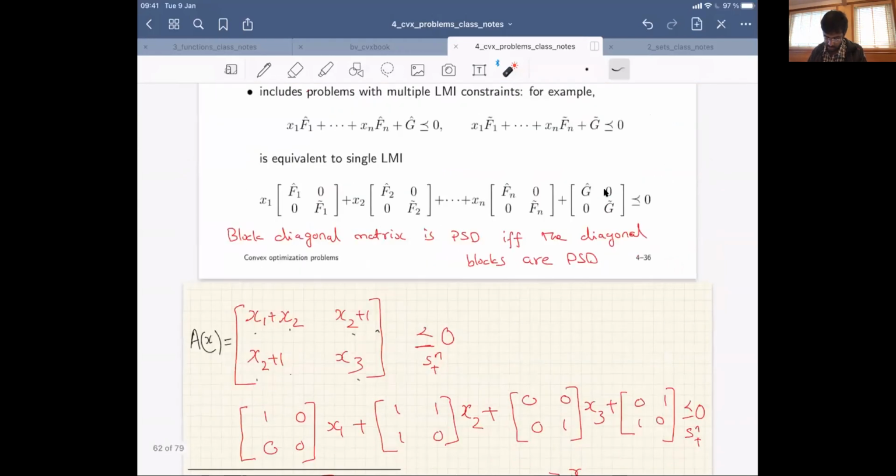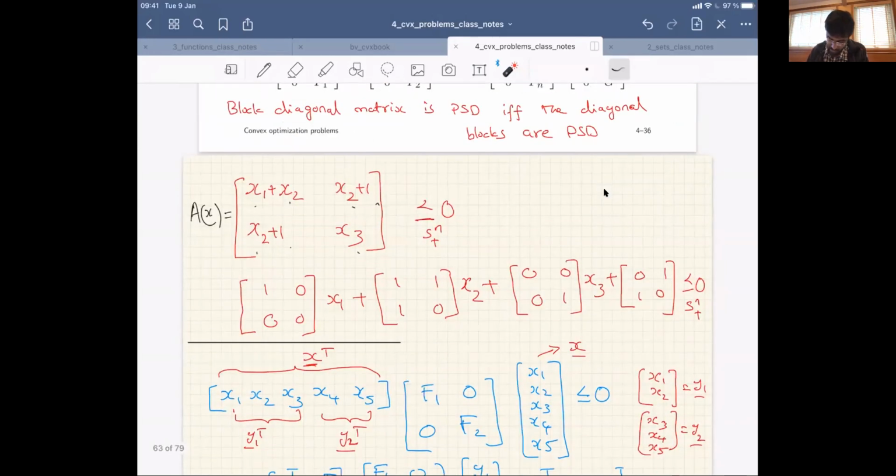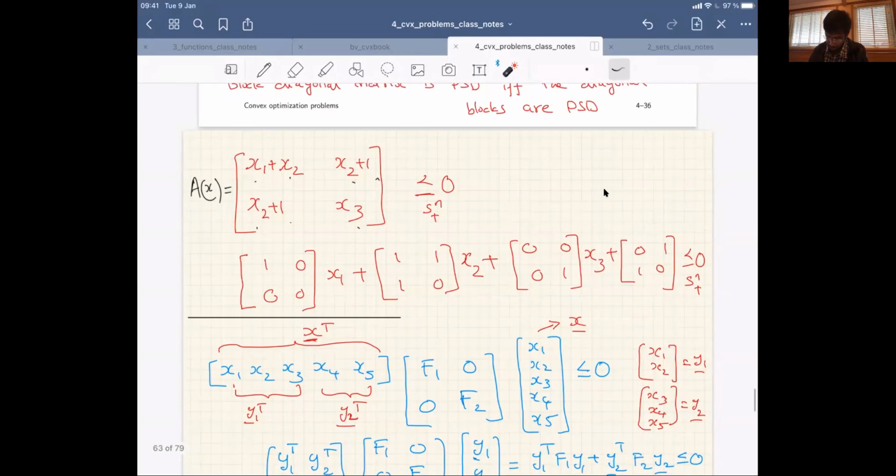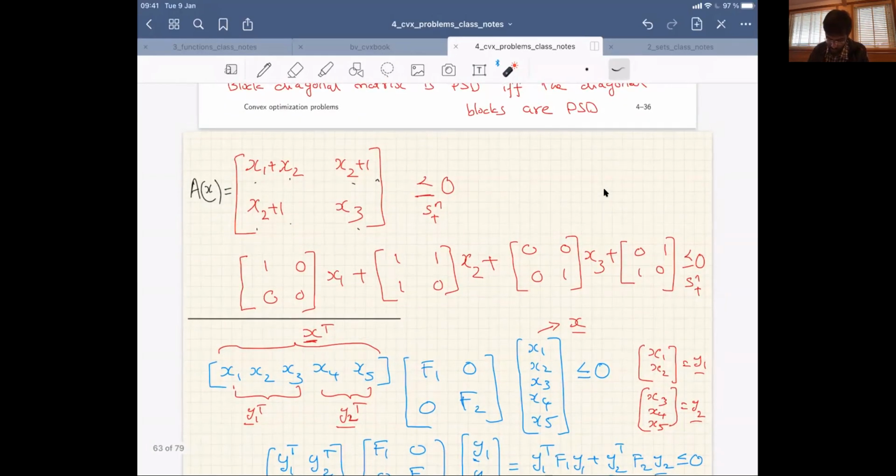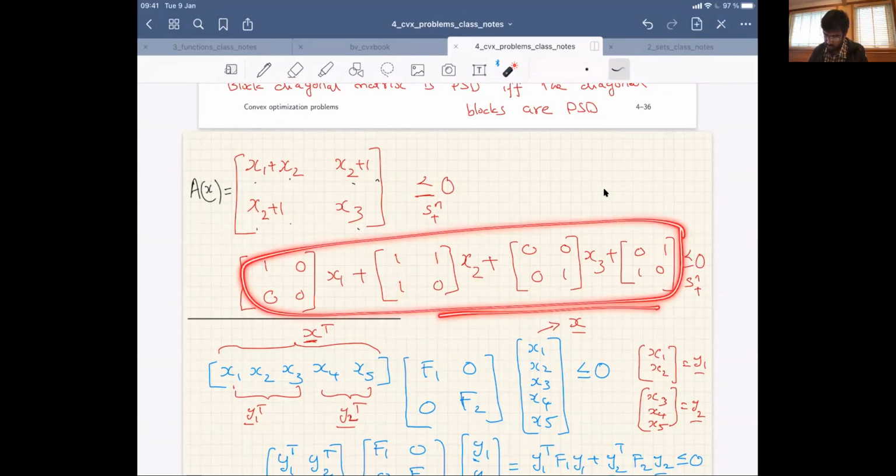So my point is, if you have a matrix like this A(x), instead of writing it this way, I can come up with a different way. I take x1 and multiply it with this matrix, x2 with this matrix, and so on. If you add all these together, you will get this.